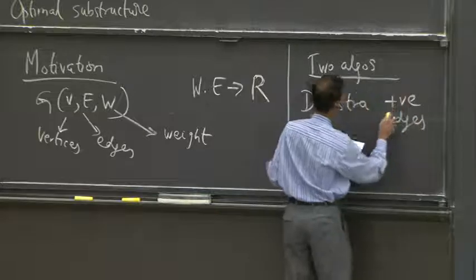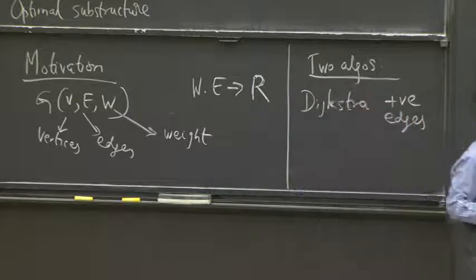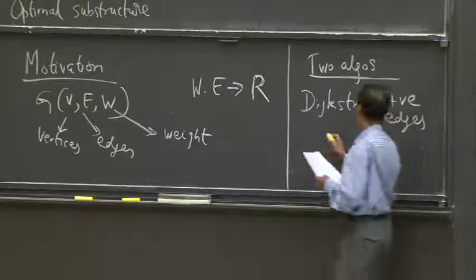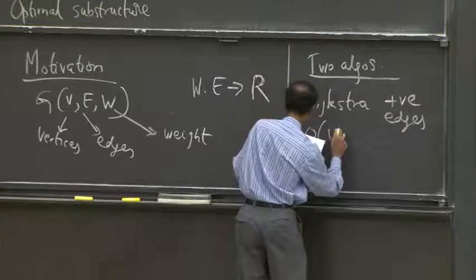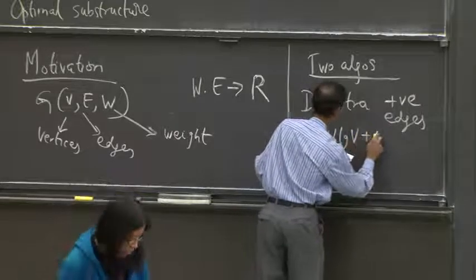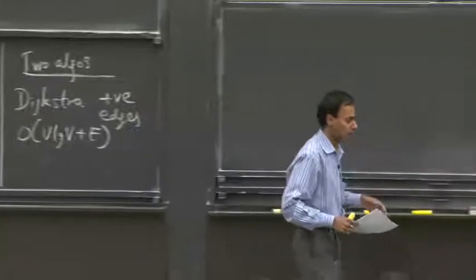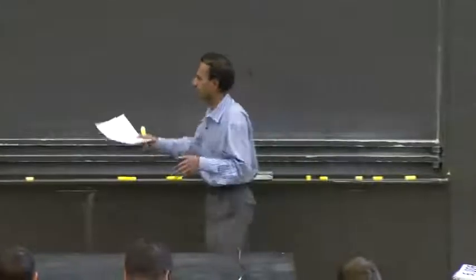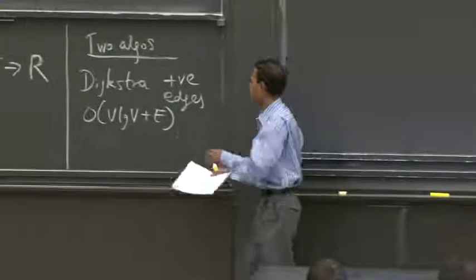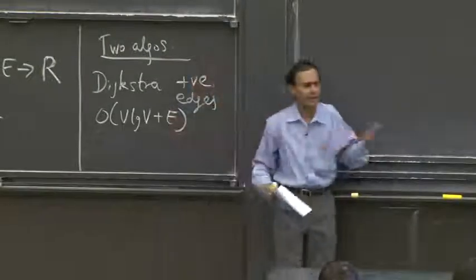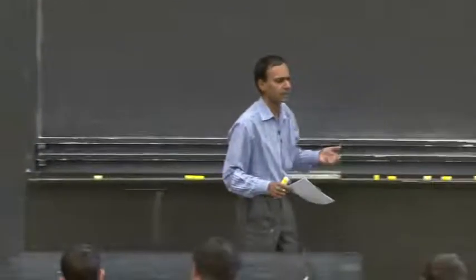So read that as non-negative. And that has a complexity of order V log V plus E. So this is practically linear time, and typically you're going to be dominated in many cases by E.